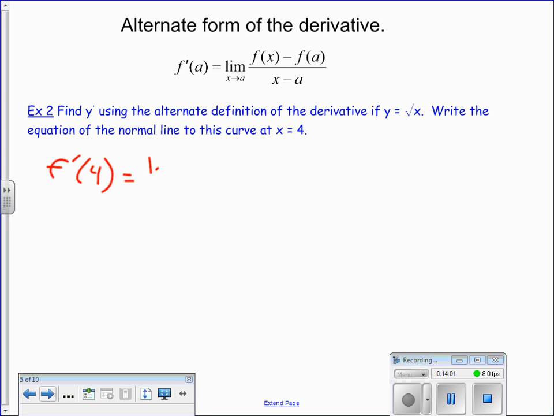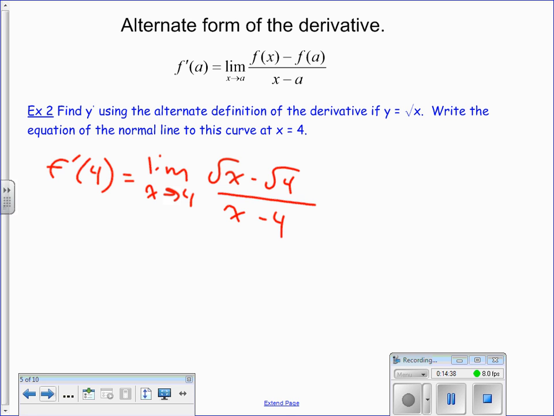So this is the limit as x approaches 4 of f of x, the square root of x, minus the square root of 4, all over x minus 4, because a is 4. Can I plug in 4? No. So I've got to do some algebra.